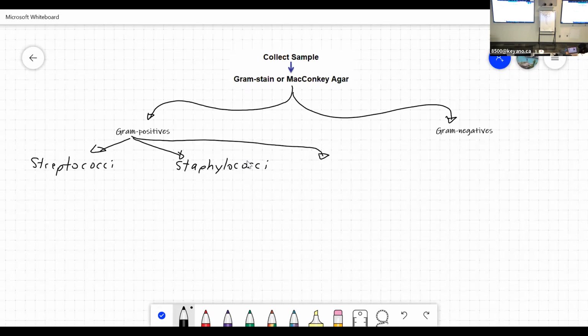And third scenario is Bacillus. All right, so we'll draw some little pictures just so we remember what these guys look like.